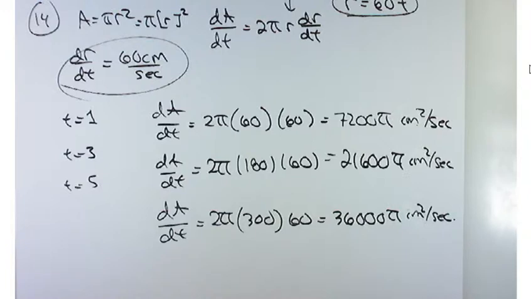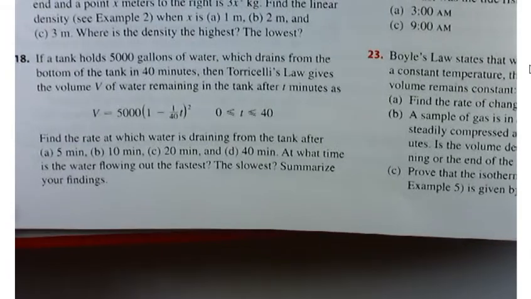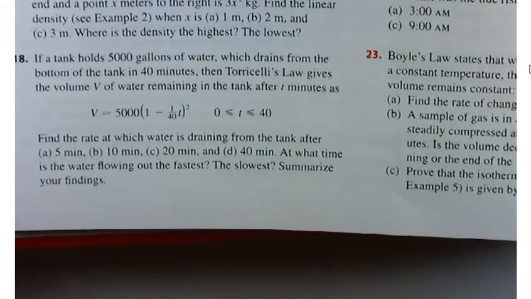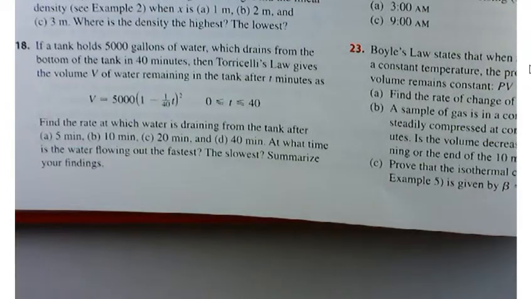A couple more to finish out this section. Problem number 18. I know this one's going to be a little bit more reasonable to deal with. We've got a tank that holds 5,000 gallons of water. It drains from the bottom of the tank in 40 minutes.